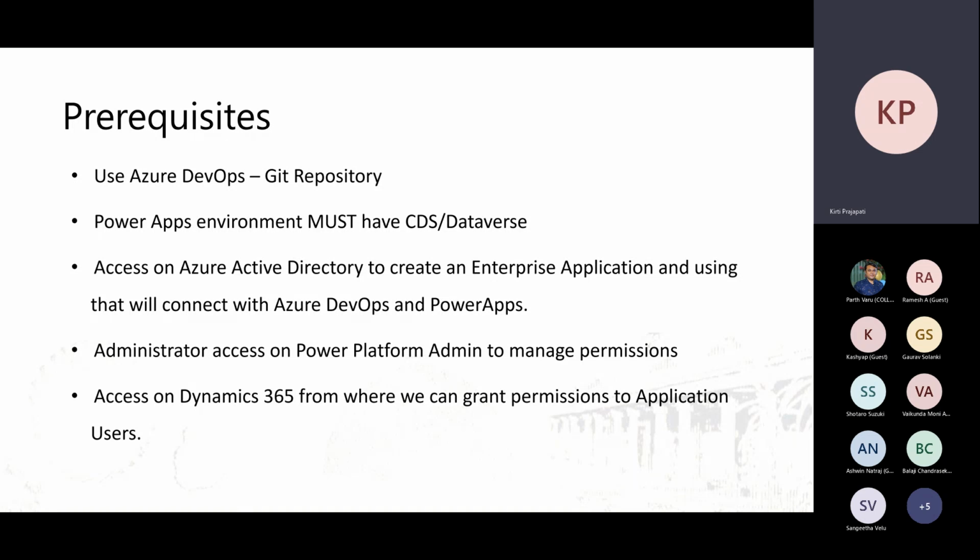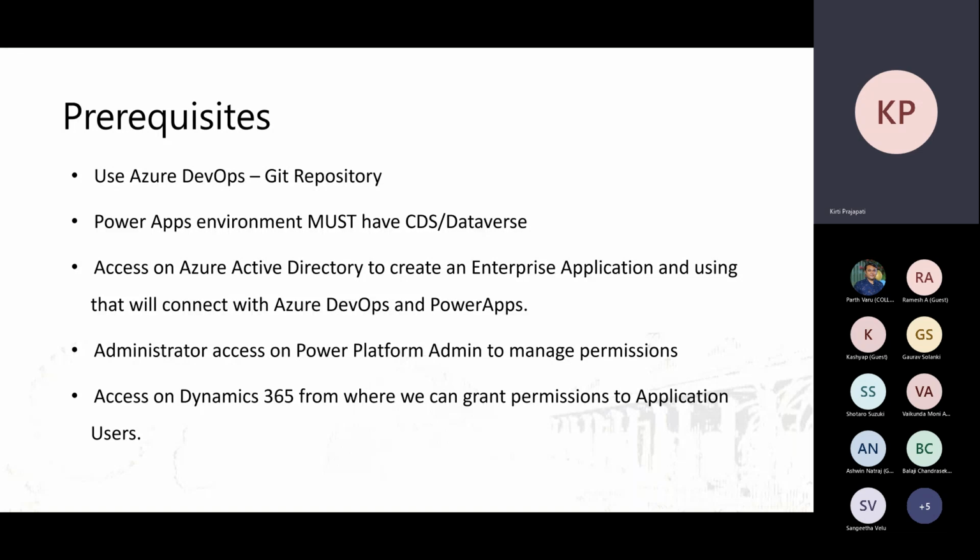And then administrator access on Power Platform admin, where we are going to manage the users. We have to create a couple of users for each environment, which is called an application user. Using that, we will be able to use those enterprise applications, which help create a bridge between Azure DevOps and Power Apps.